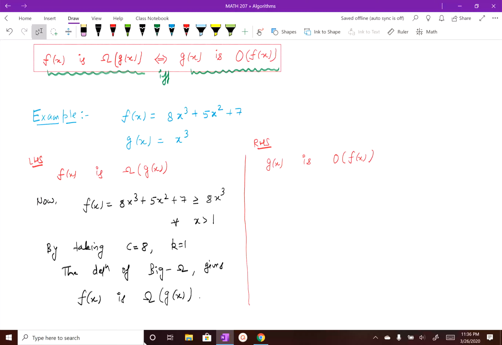Now to show that g of x is big O of f of x, we have to show there exist two positive constants c and k such that g of x is less than or equal to c times f of x for every value of x greater than k.